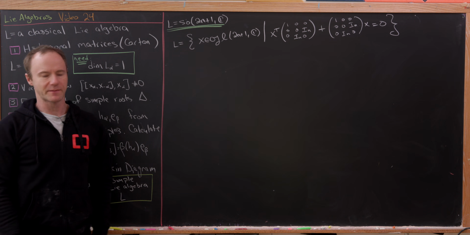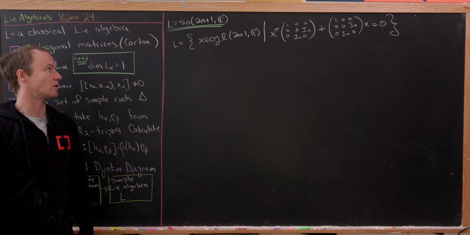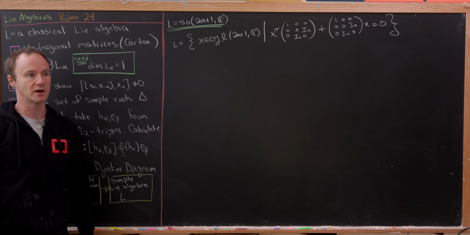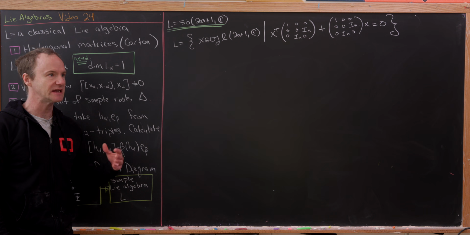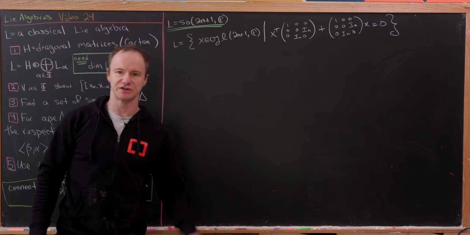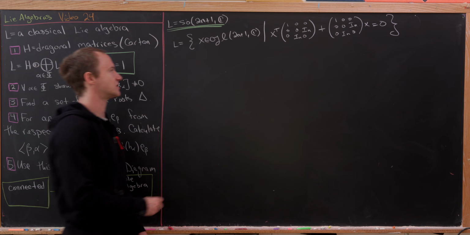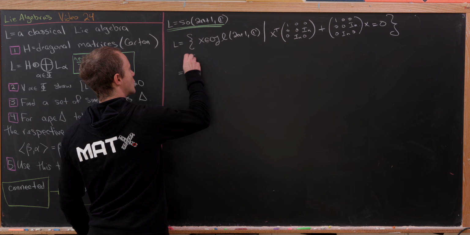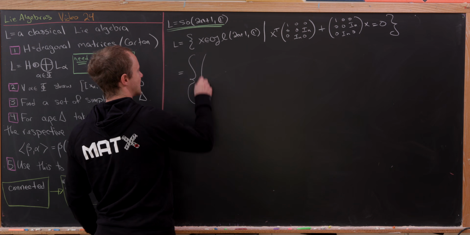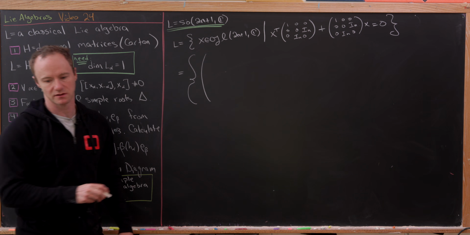So we can think about that as the definition for SO(2n+1), although it follows from the fact that it's the Lie algebra for the Lie group SO(2n+1). But this is about Lie algebras, so we can really think about it as the definition. But then that turns out to be equivalent to the following. L is made up of matrices that look like this.